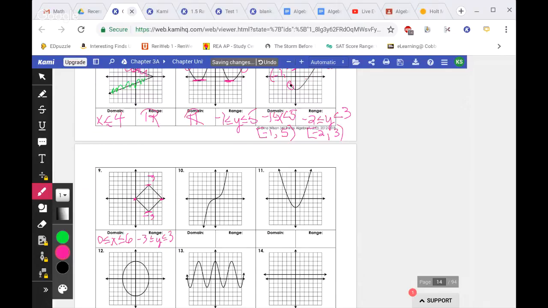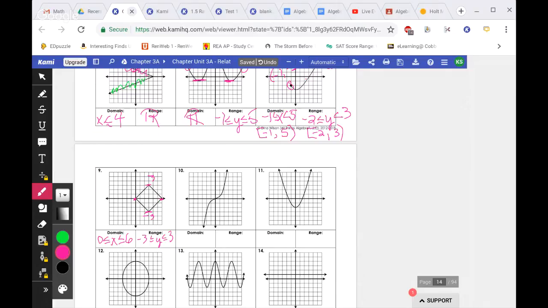Number 10, you kind of are looking at your endpoint behaviors here, and you see that this graph is going up and to the right all the way into infinity and never stops. And on the left, it's going down and to the left into infinity all the way, never stopping.